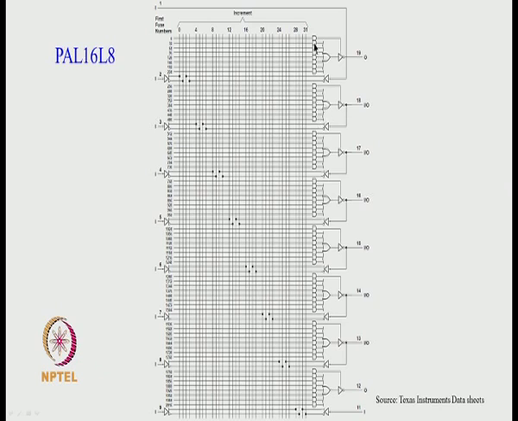Here you see 1, 2, 3, 4, 5, 6, 7 AND gates permanently connected to an OR gate, which goes through a tri-state inverter and is available as an output. The tri-state inverter's enable is controlled by another AND gate, which we can call a control AND gate.